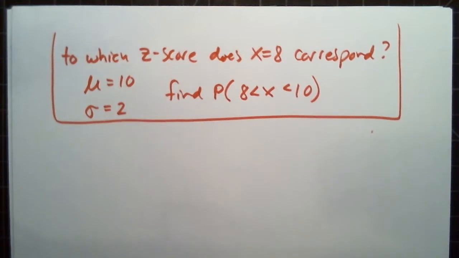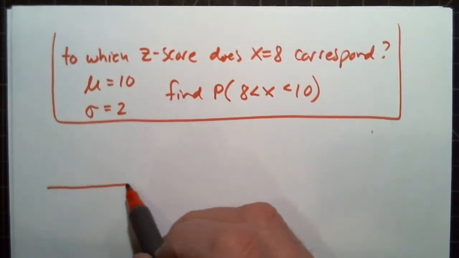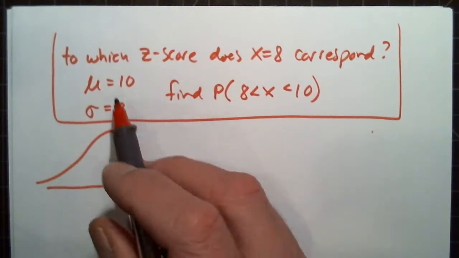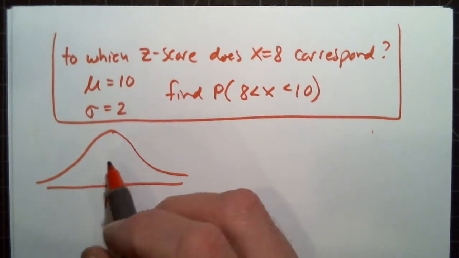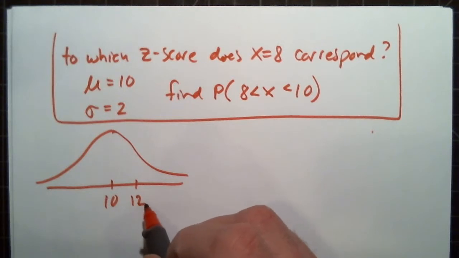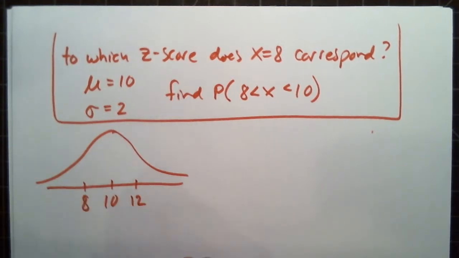Pause the video, try this problem, and make sure you draw the graph. So we know the mean is 10 and standard deviation is 2. We could go up 1 standard deviation, we could go down 1 standard deviation.